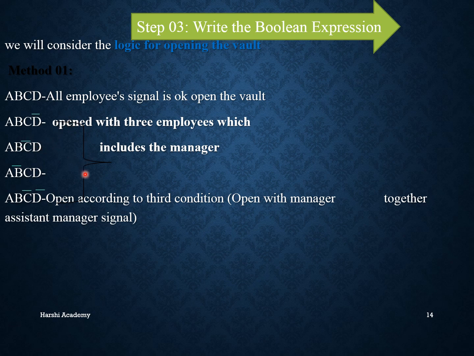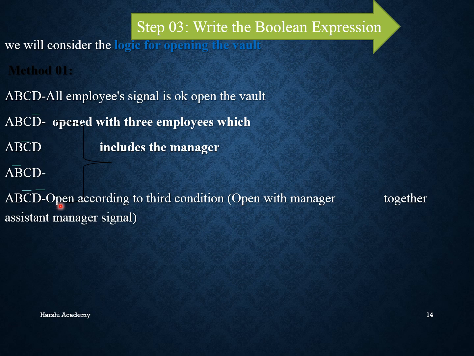Both 3-signal terms are OK because according to condition 2, including the manager signal, it can be opened if it has 3 signals. Then open according to the third condition. Open with the manager together with the assistant manager signal. No teller signal and security guard signal.